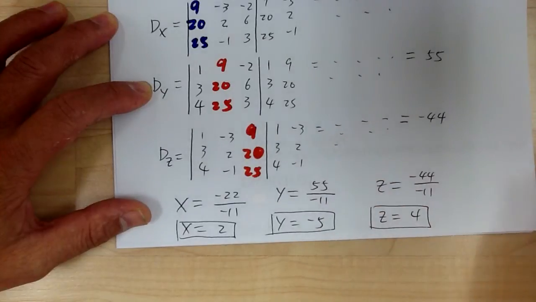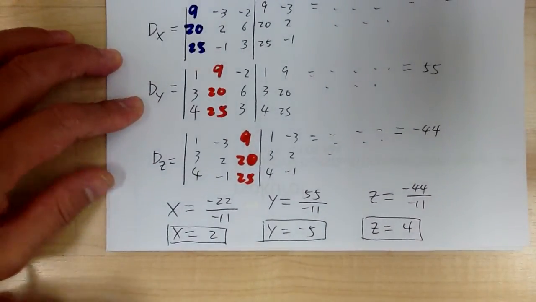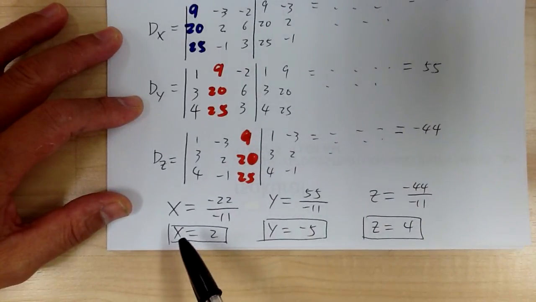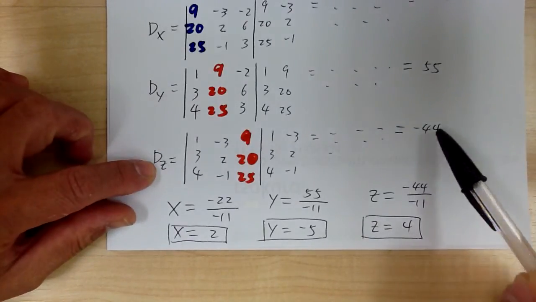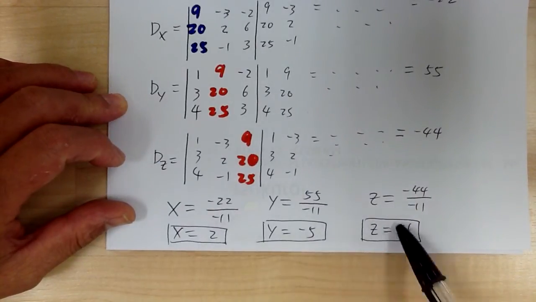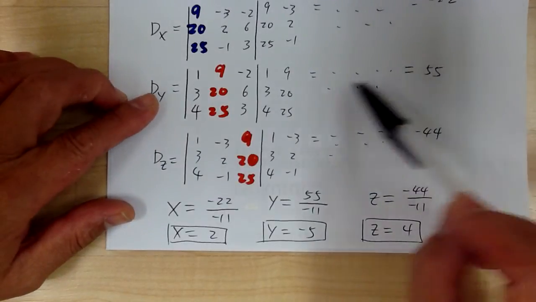And that's it. Okay? Now on the test, if one of the answers comes out really bad, like let's say z comes out really bad, then you probably want to double check your d of z. If the y answer comes out really bad and the other two look kind of nice, then you might want to check your d of y.